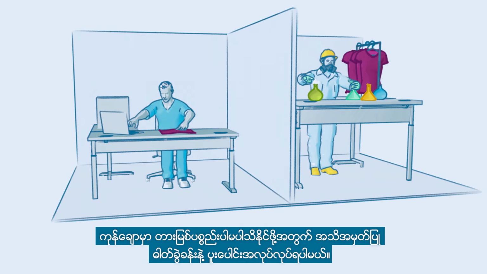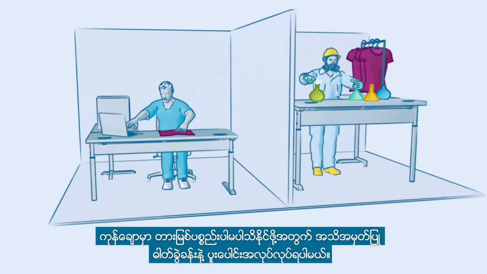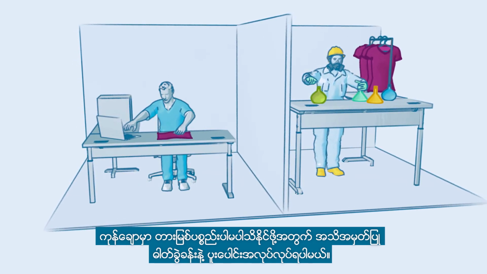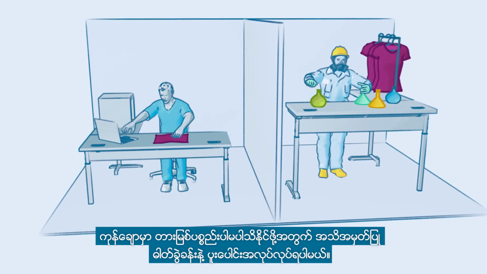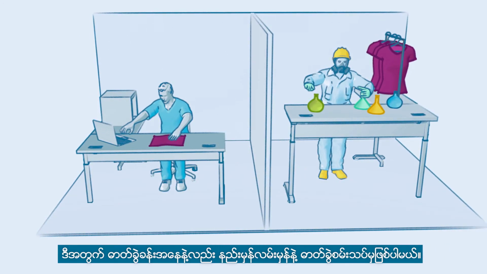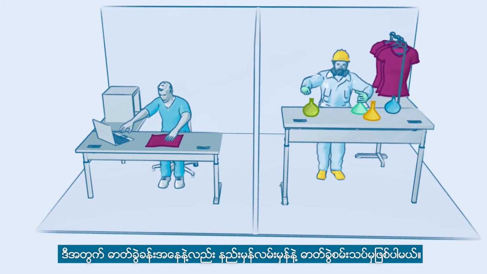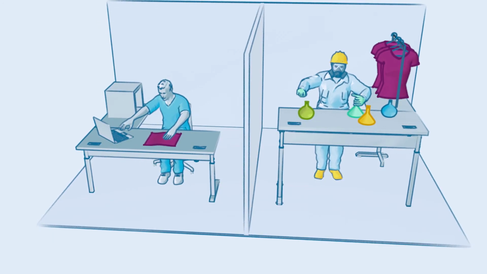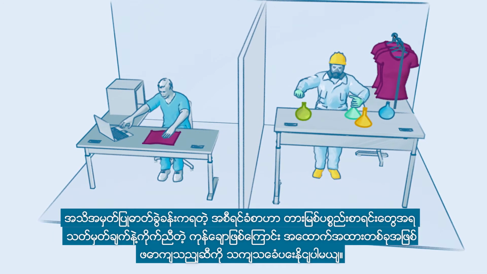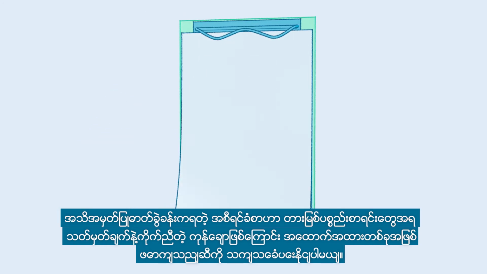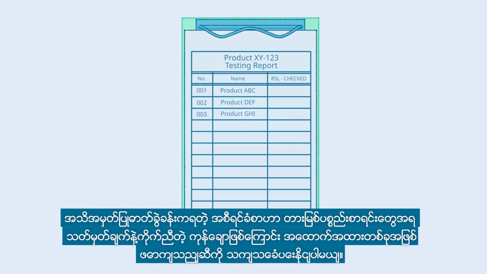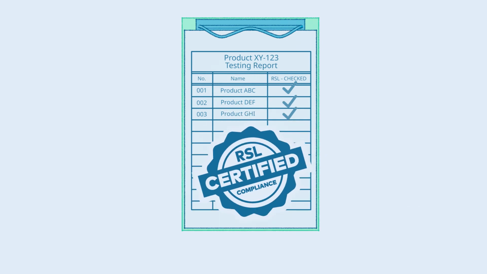To be able to detect whether there are restricted substances in your final products, you will have to collaborate with a certified testing laboratory. This laboratory needs to be qualified to test the finished product with the correct test methods. The certified testing laboratory will send you a test report, which you can forward to your customer as a proof that your end products fulfill the RSL requirements.